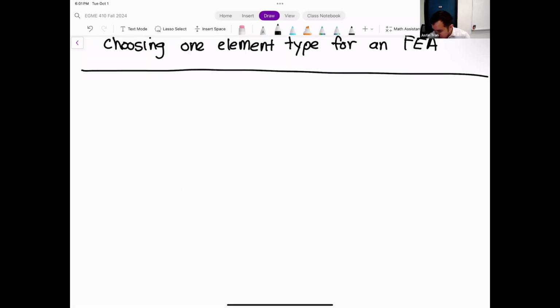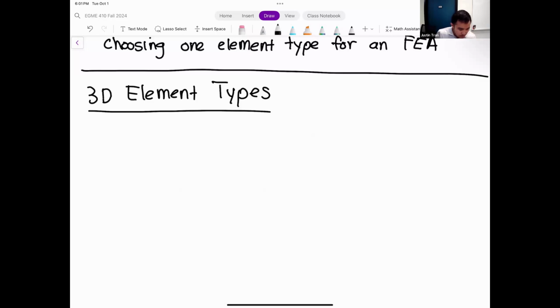So let's do 3D elements. What you're going to see today is that a lot of the information that we covered last Thursday is going to be applicable here.